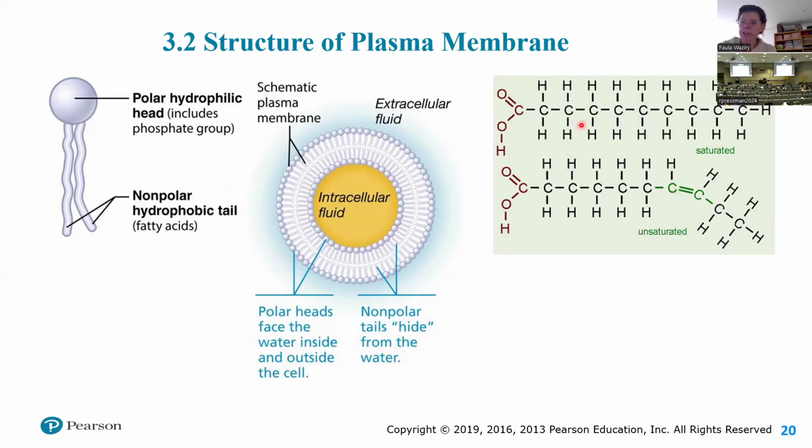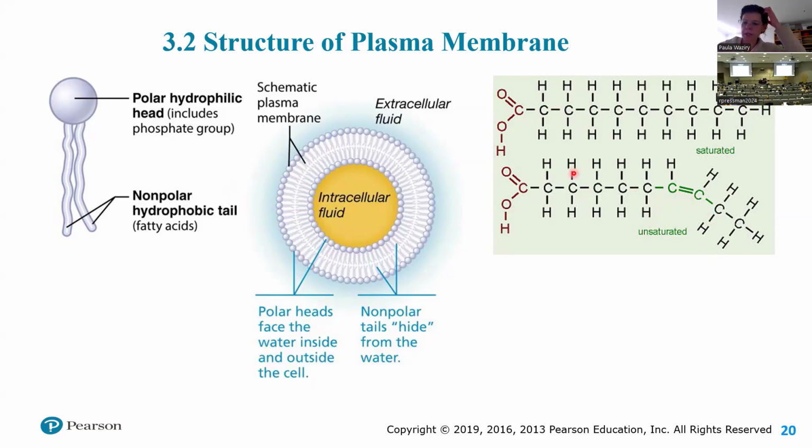You can have saturated phospholipids, and in that case, your carbon bonds are going to be all single bonds. Okay, so all single bonds for saturated lipids. And you can have also unsaturated lipids. So in that case, you're going to have at least one double bond among the carbon.